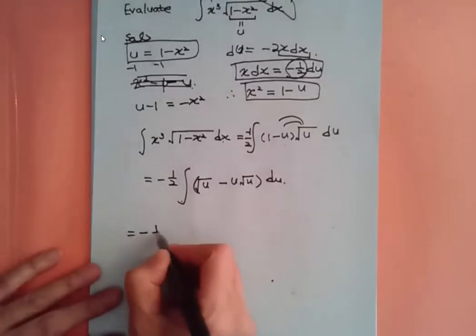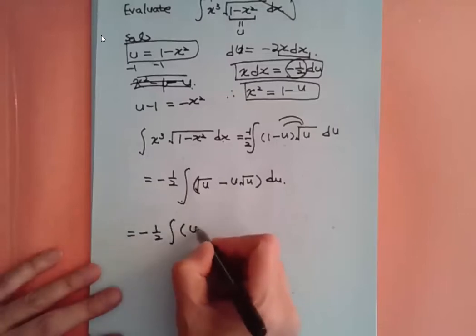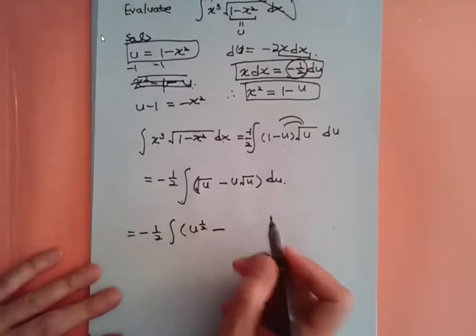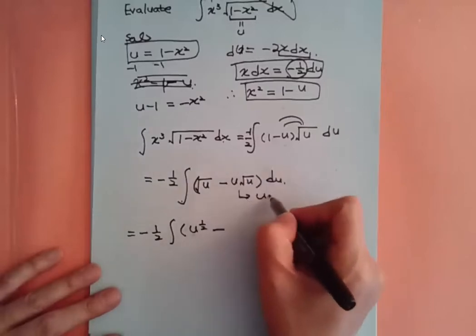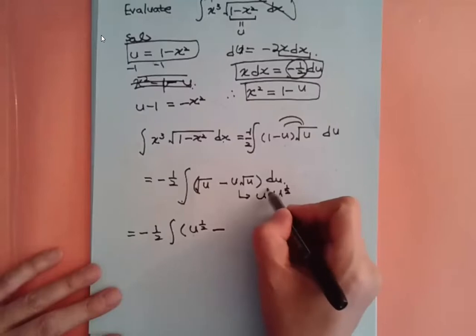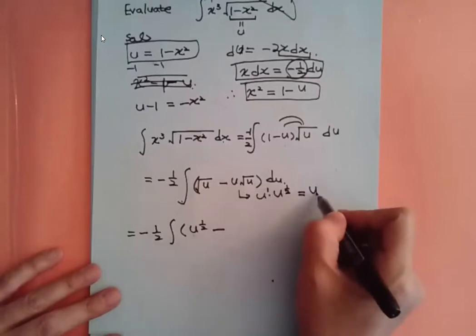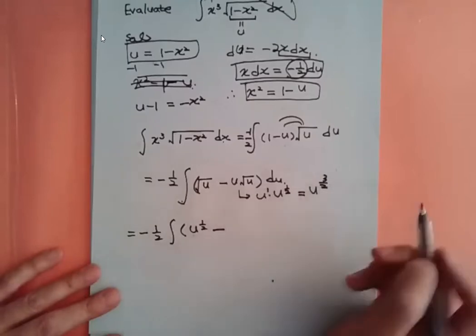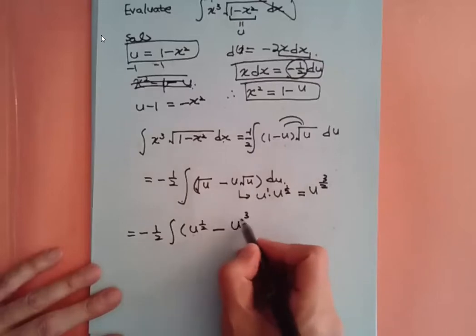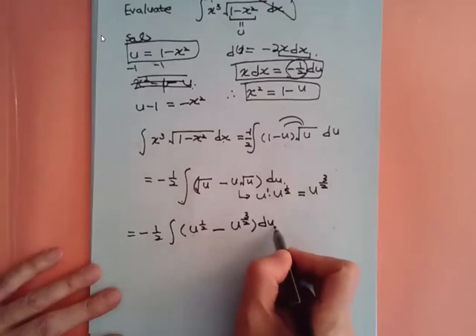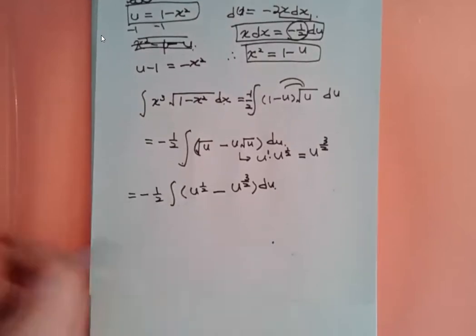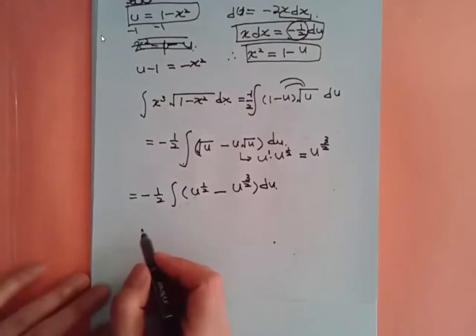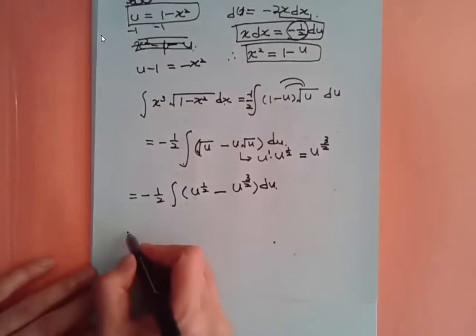So that is -1/2 integration u to the 1/2 minus, what is this? This can be written as u times u to the 1/2. So u to the 1 power times u to the 1/2. So u to the 3/2 power. So let's do integration.